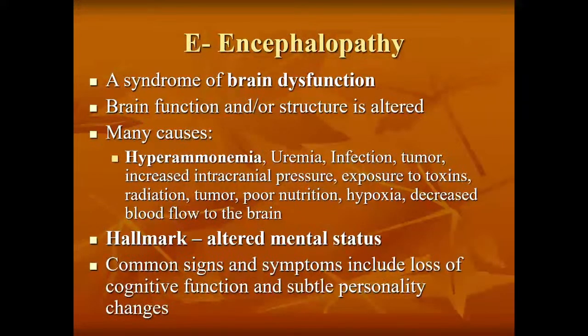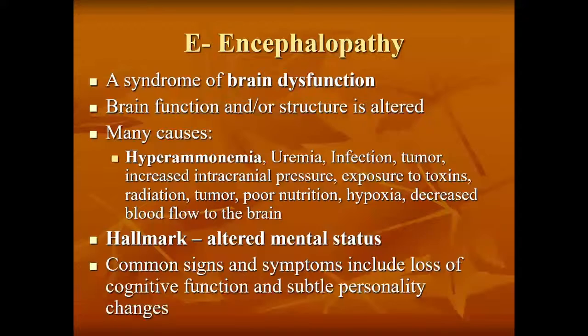So, encephalopathy, this is just a big catchment term, right? So this is just really a syndrome of brain dysfunction with many causes. A lot of the ones that we're going to see, hyperammonemia, so our alcoholic patients, their ammonia levels are through the roof. They're not taking their medicines like they should be. And then uremia, especially these patients that have new onset kidney failure, their body hasn't adjusted to these very high levels of BUN. And the brain doesn't like it.